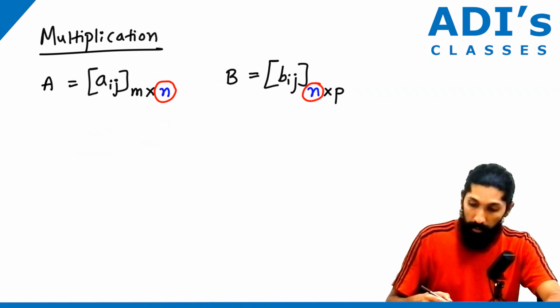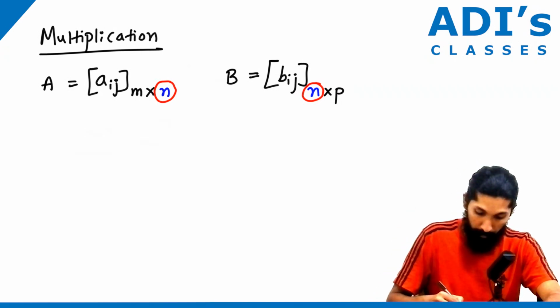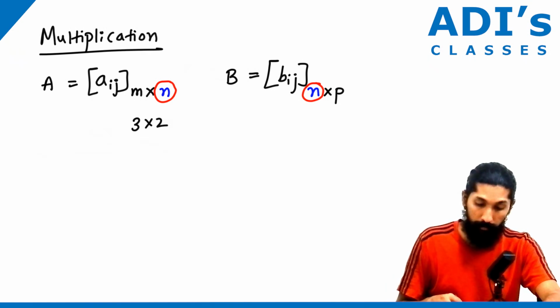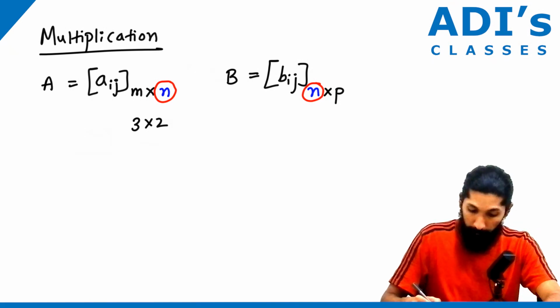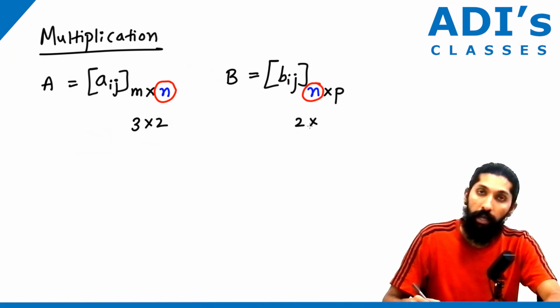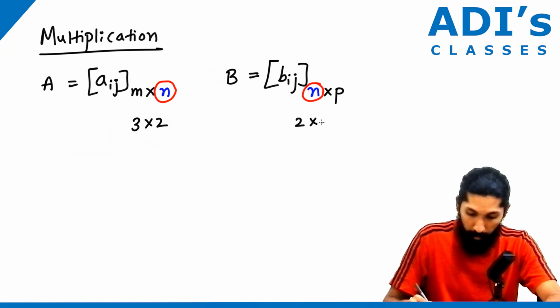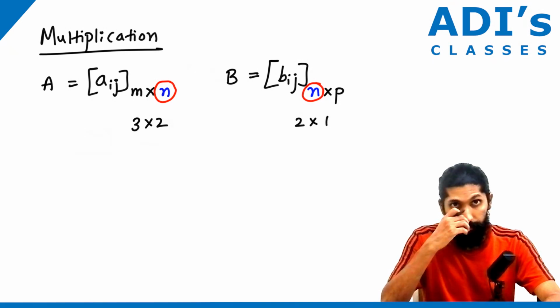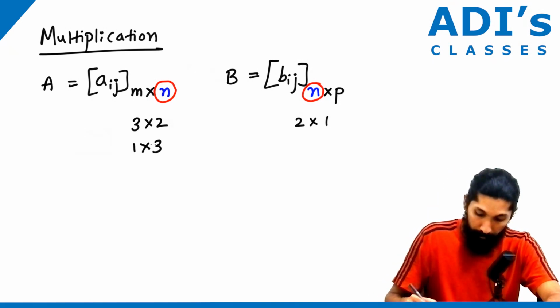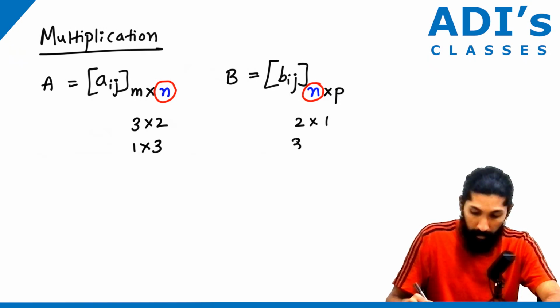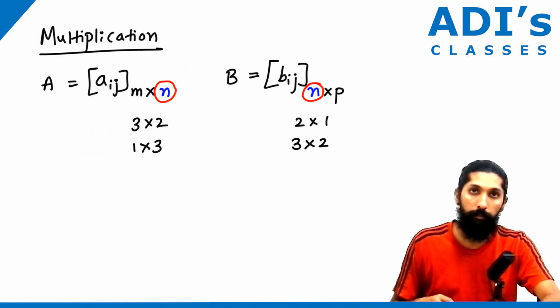In the sense, if you are trying to multiply a matrix of order 3 cross 2, then the second matrix must have 2 rows and any number of columns, like 2 cross 1. This is possible. Or if you are taking 1 cross 3, the second has to be 3 cross whatever, say 3 cross 2.